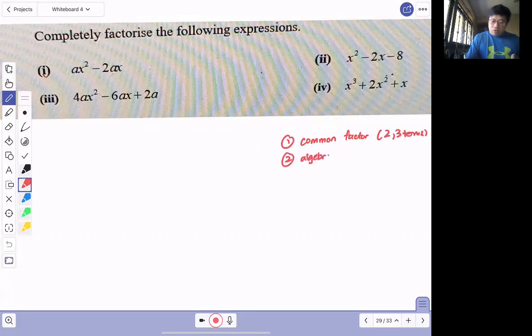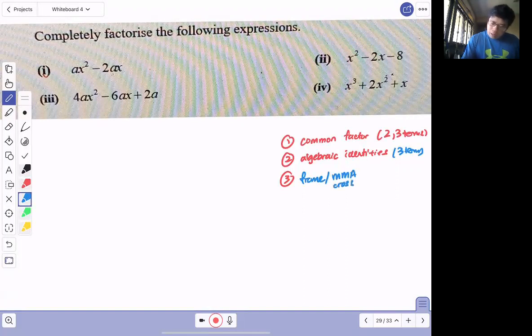At this current moment, if you are not an expert at all 4, it's fine. You mainly need to recognize. If I say grouping, you know what grouping is. Grouping means 4 terms. Usually it's 3 terms if you are doing the MMA method, aka the cross method. Or you could be dealing with grouping.